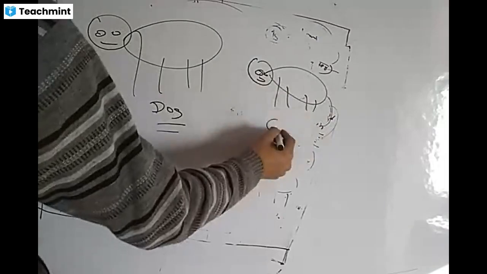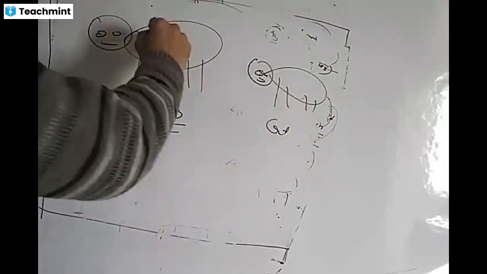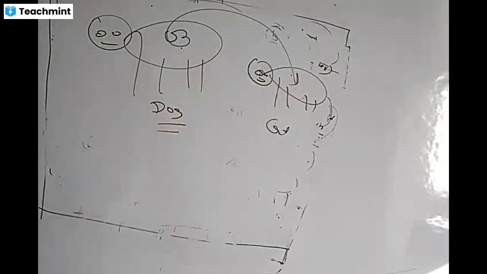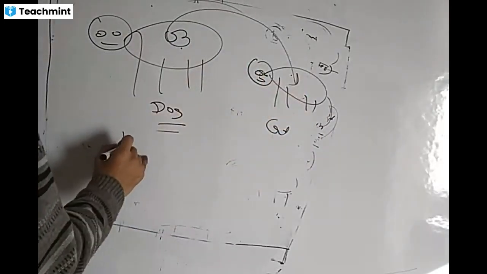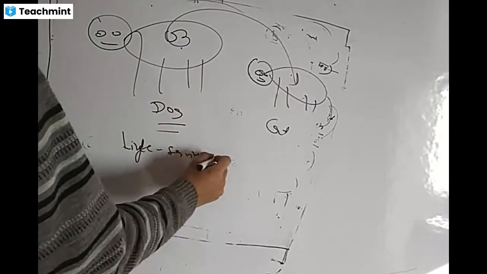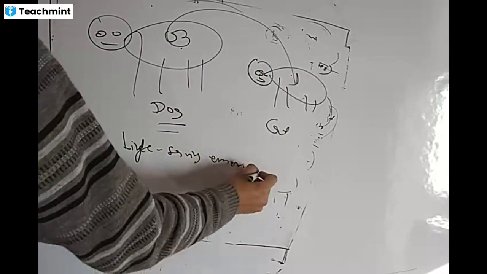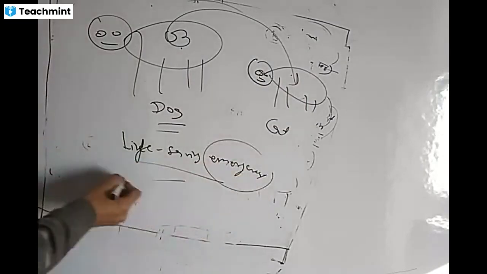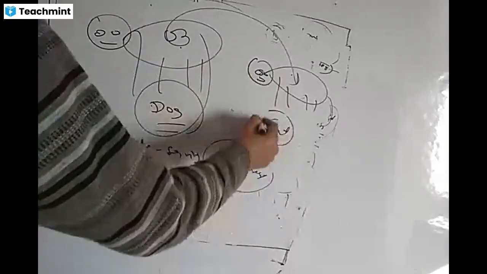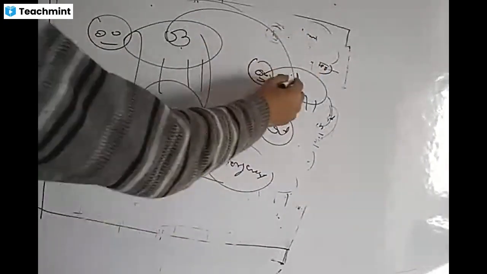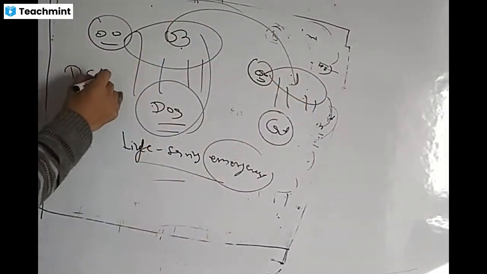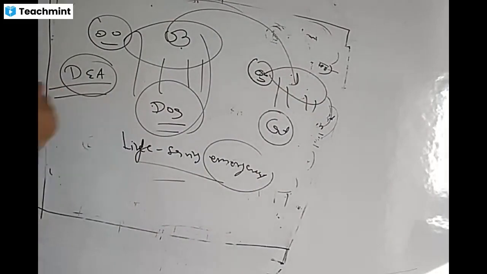this is the cat. So if we transfuse blood of the dog into the cat, if it is a life-saving emergency, we can transfuse blood of the dog into cat because cat do not have natural antibodies against the antigen DEA.